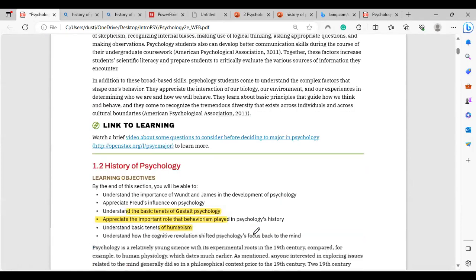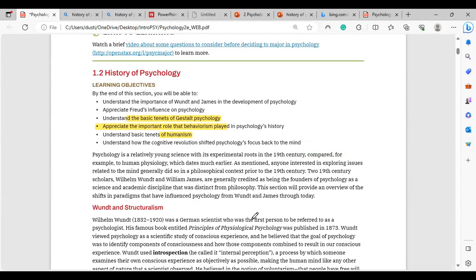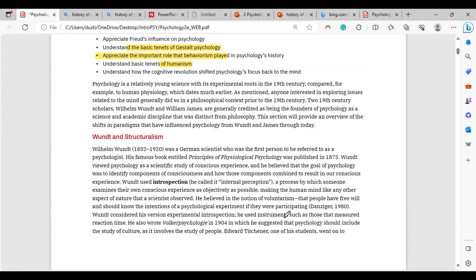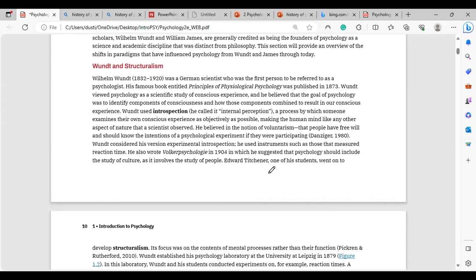All right. So getting into what we all want to talk about is the history of psychology, right? So you're going to work in understanding keywords, but then that connection to the people in psychology.